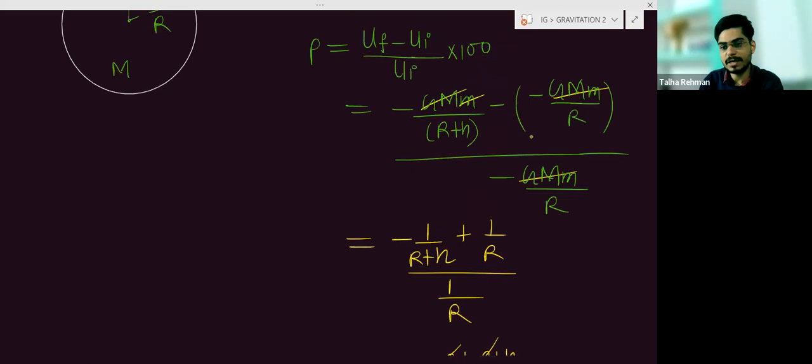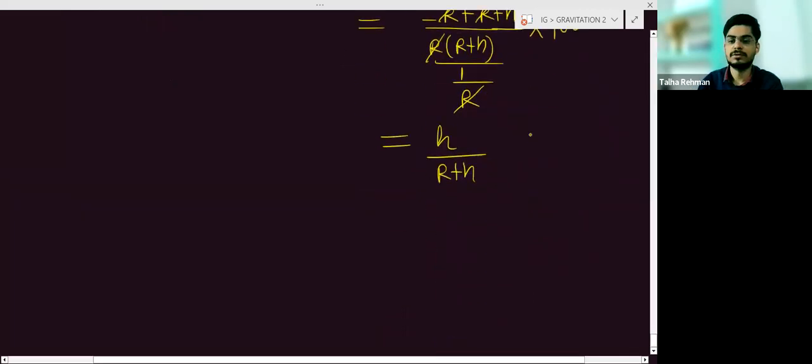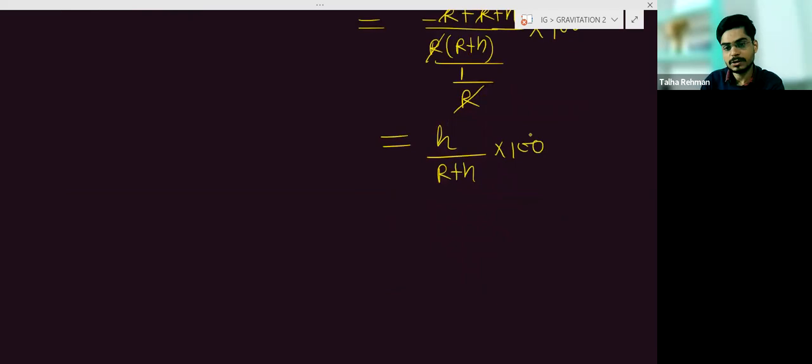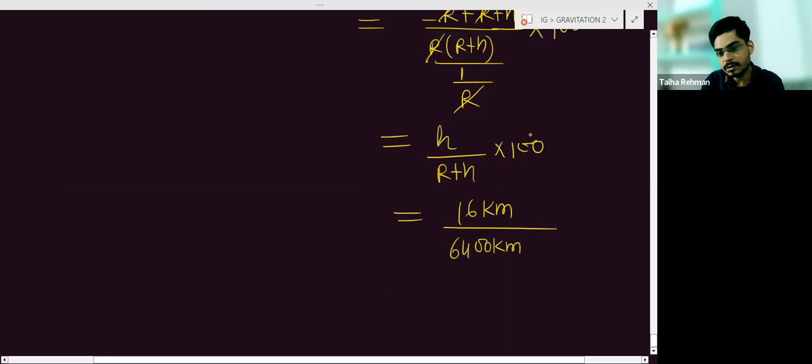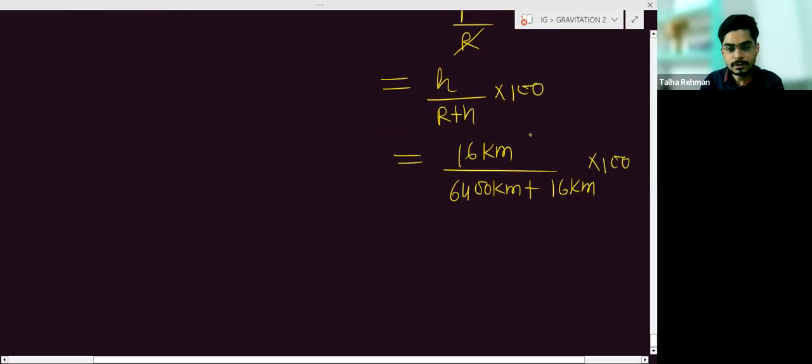And this is multiplied by 100 also, because we are calculating the percentage change. So now h is 16 kilometer. R plus h, r is 6400 kilometer plus 16 kilometer, multiplied by 100. So it will be 16 divided by 6416 multiplied by 100.